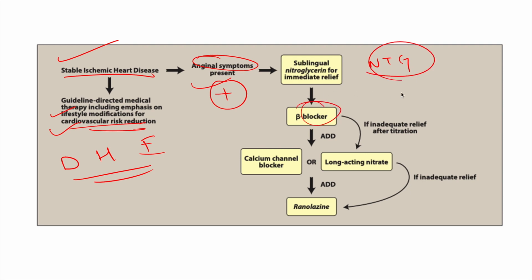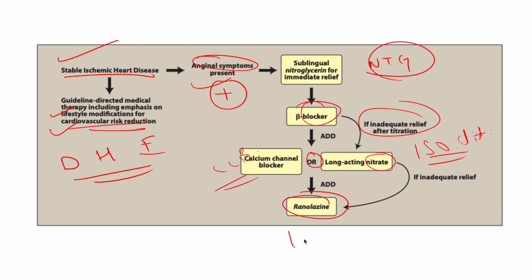Then we give beta blockers, and if inadequate, we give long-acting nitrates, which is isosorbide dinitrate. Or we can give calcium channel blockers, one of the two, but again, remember contraindications on each end, okay? And then if not, then you finally add sodium channel blockers because it blocks the late sodium channel response. Fair enough? Perfect.